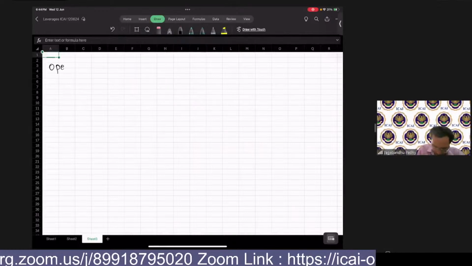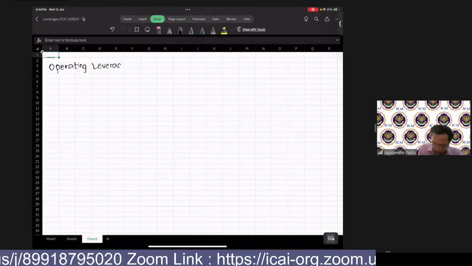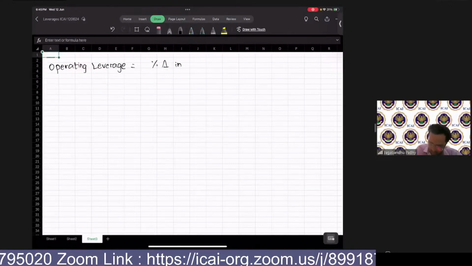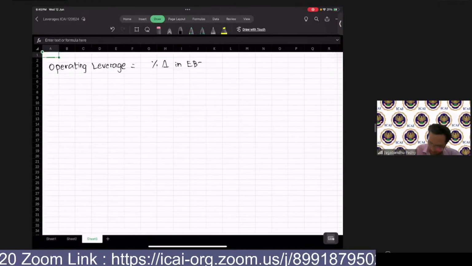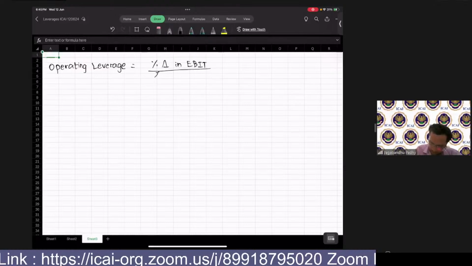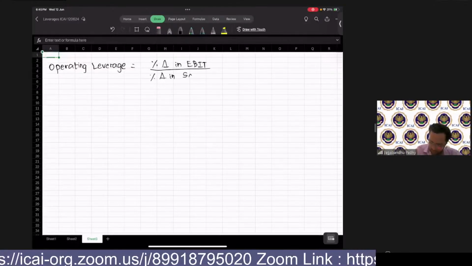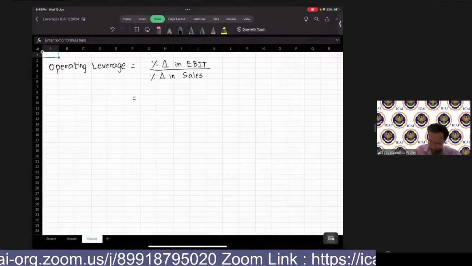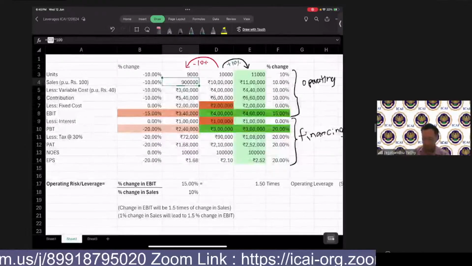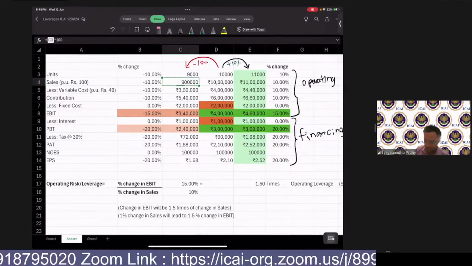Well, operating leverage is computed as percentage change in EBIT upon percentage change in sales.